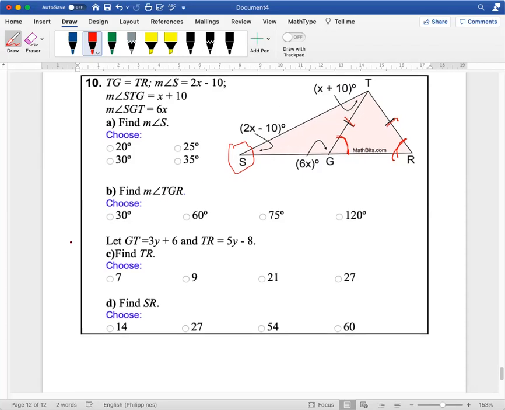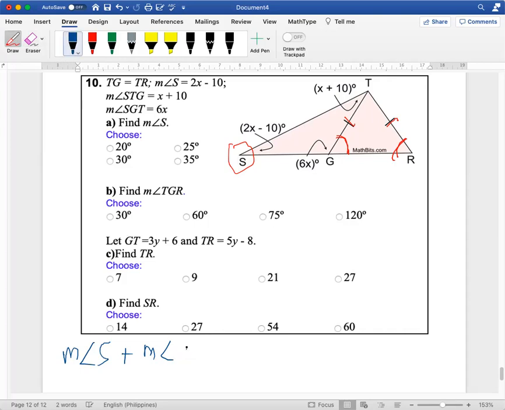So let's add all the angles. We have the measure of angle S plus the measure of angle G. Let's use the proper way of naming the angles.